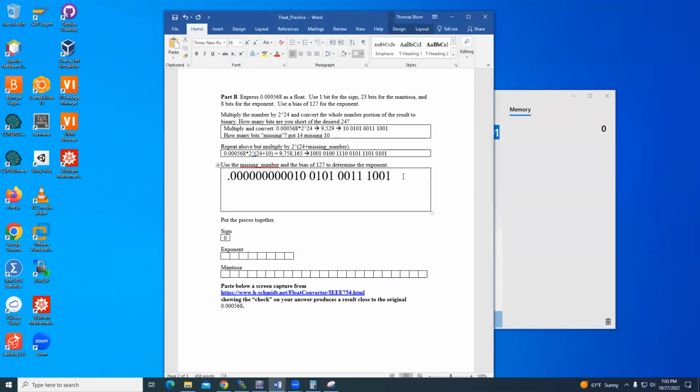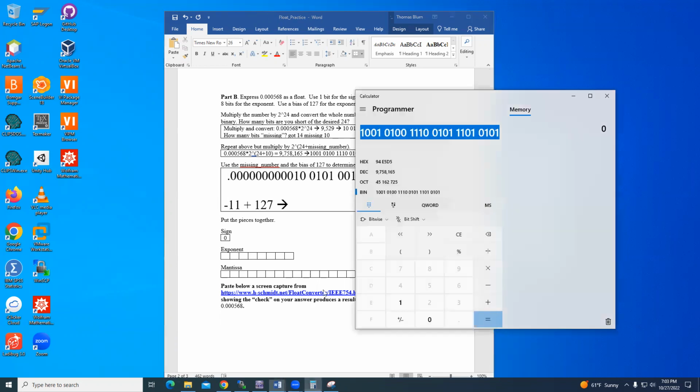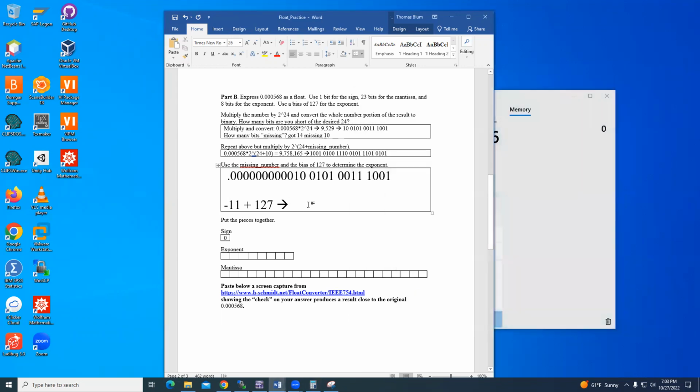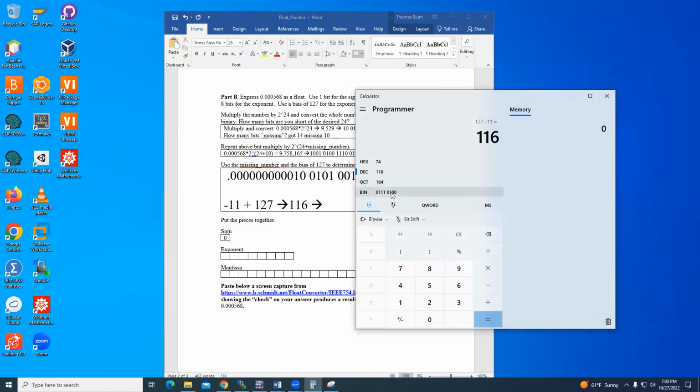So here's the gain, minus 11 plus the bias. Let's just say 127 minus 11 is 116. And in binary, there it is.